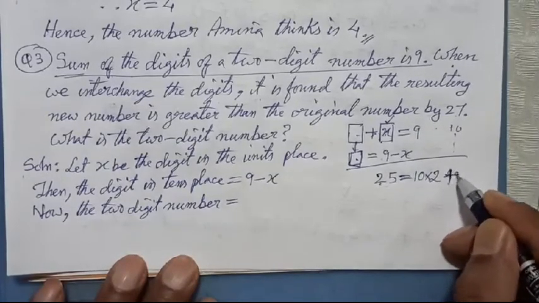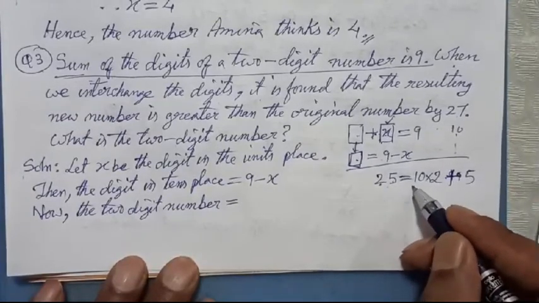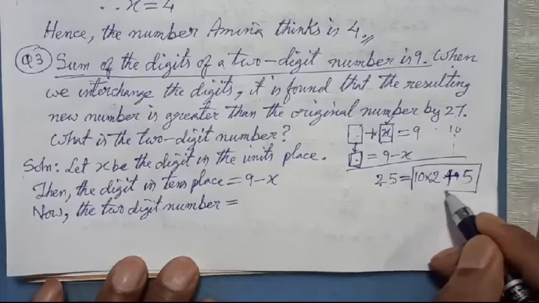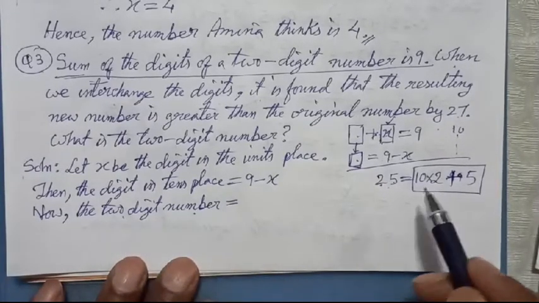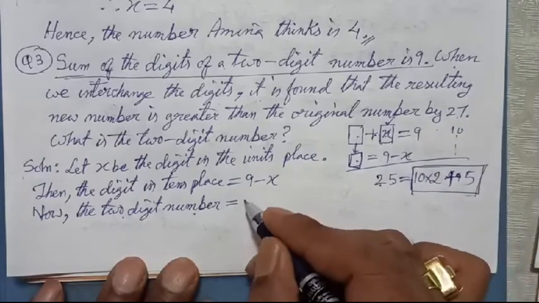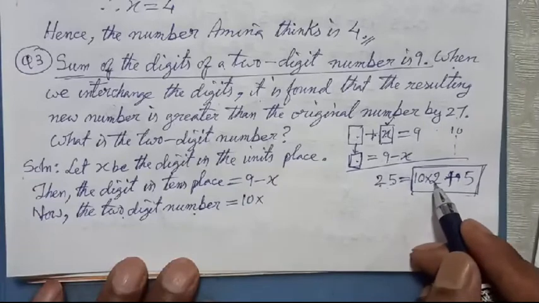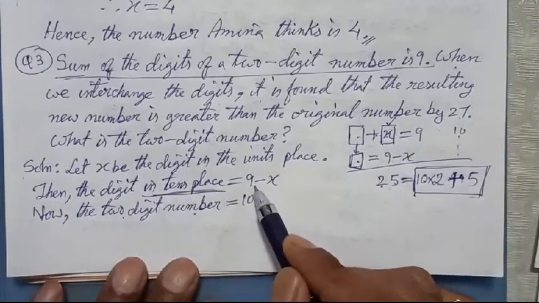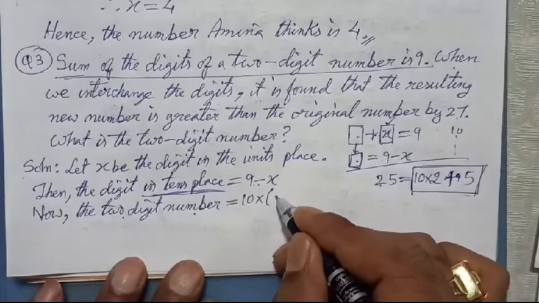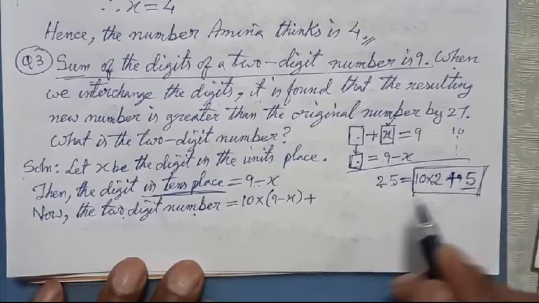Then after that, if we add the unit place digit 5, we'll get this number 25. Here, this form of writing is called expanded form. So let's write the two-digit number in the expanded form. That means in this form. So 10 will multiply to the tens place digit. Here the tens place digit is 9 minus x, plus the unit place digit, that is x.